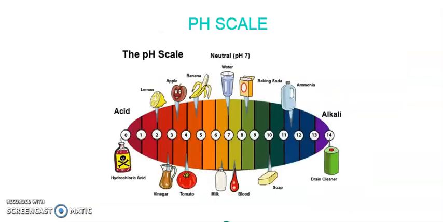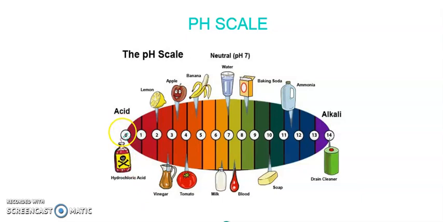Now, how do we know this? There is a scale. How do we know how acidic or how basic a substance is? There is a scale that helps you to know how acidic or how basic a substance is. That scale is known as the pH scale.